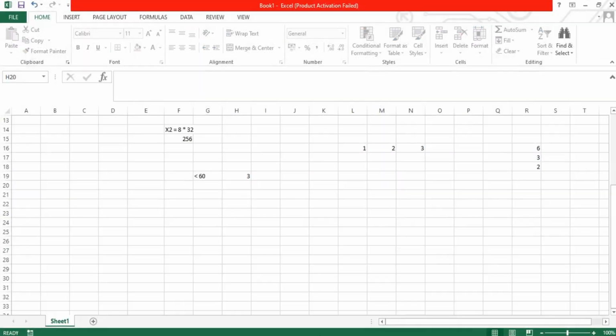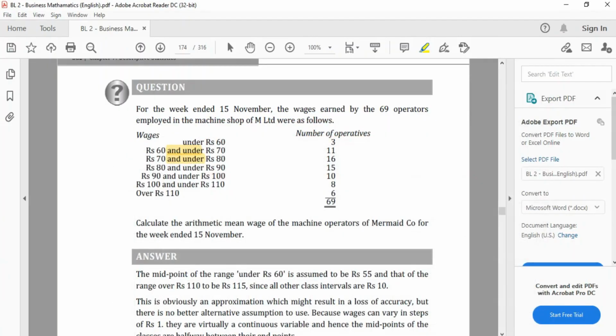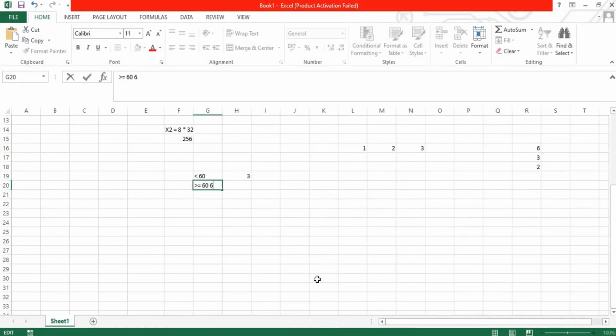So under 60, and then this is 62 under 70 now. So this should be greater than or equal to, since actually it should be the slash below the greater than sign, but since I am unable to do it here, I will use the equal sign. Please don't complain. So greater than or equal to 60, and less than 70.